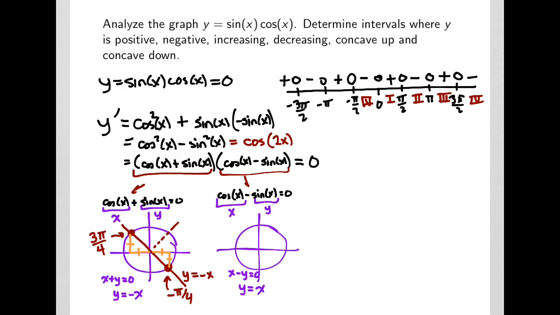So the second factor is if I were to draw with the unit circle the line y equals x, there are 2 points on the unit circle where the x-coordinate and the y-coordinate are the same. And again, I'm at an isosceles right triangle, which again, I'm at the 45-degree angle.